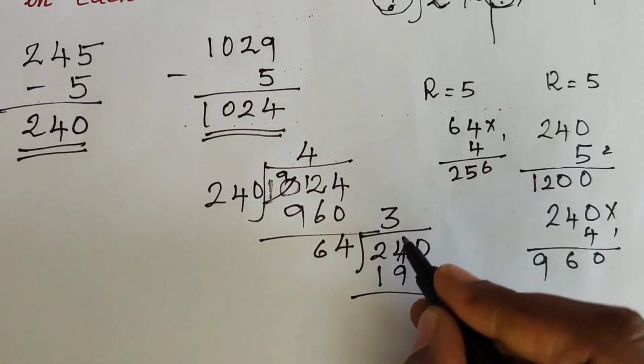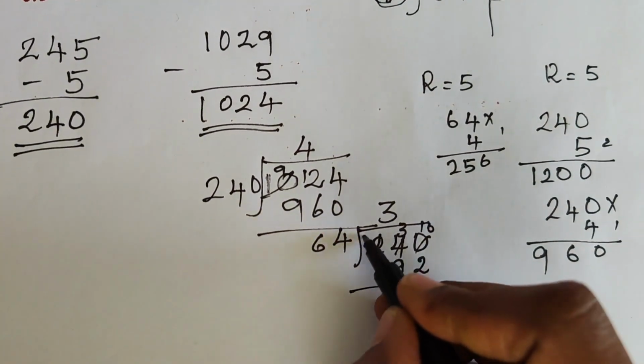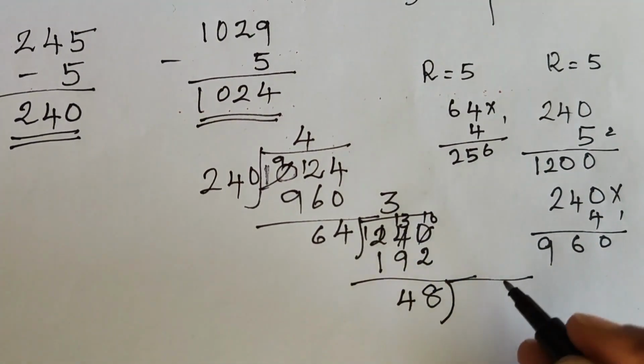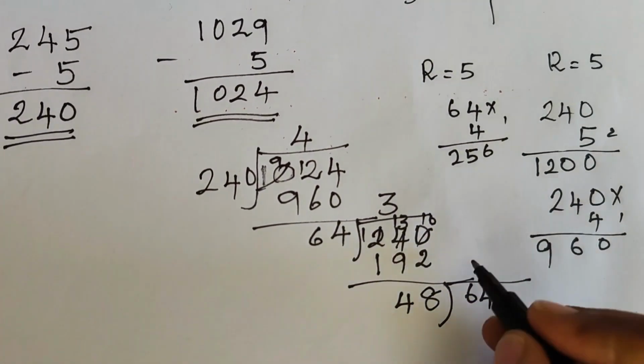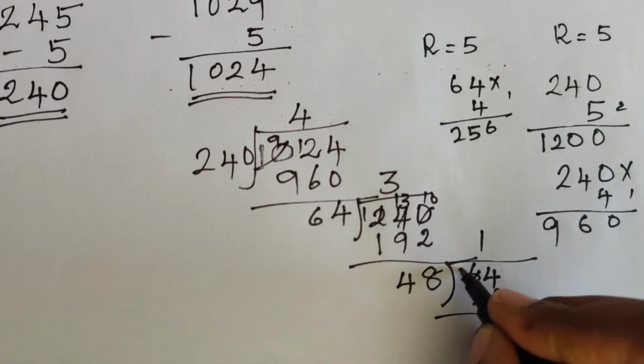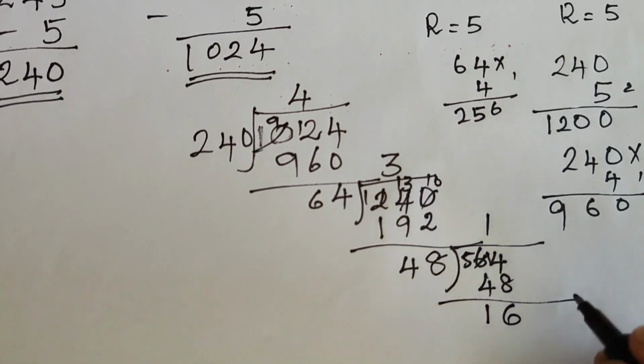On subtraction, we will get 10 minus 2, 8. 13 minus 9 is 4. And bring 64 here. So only one time, 48. 14 minus 8 is 6. 5 minus 4 is 1.